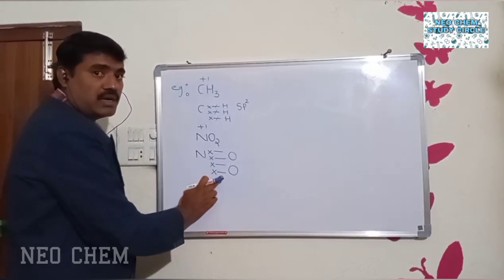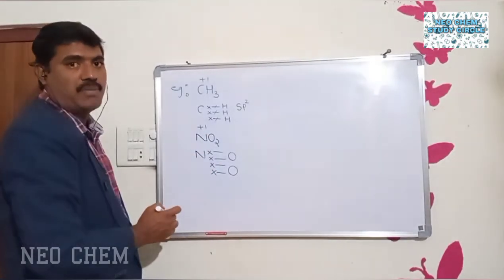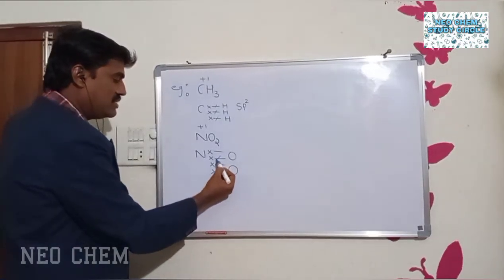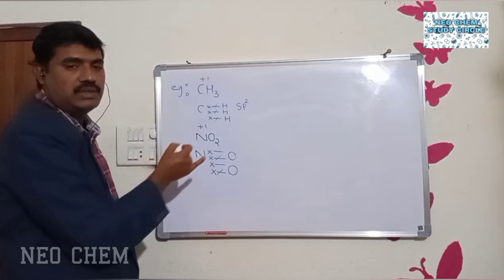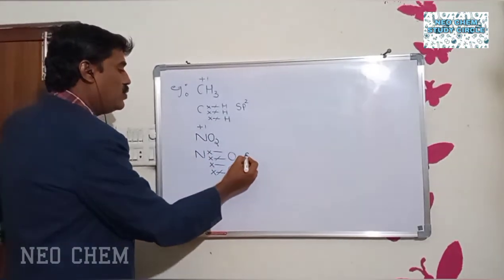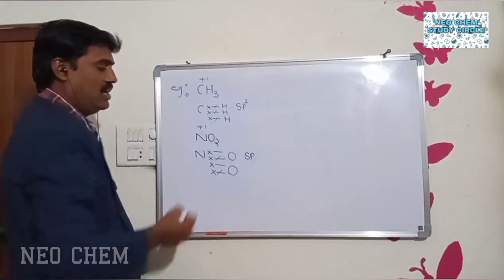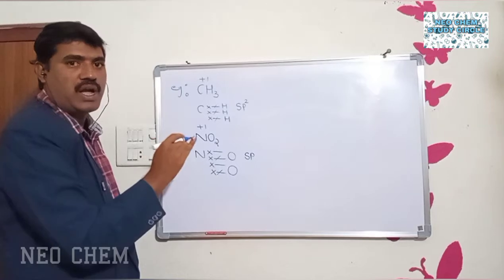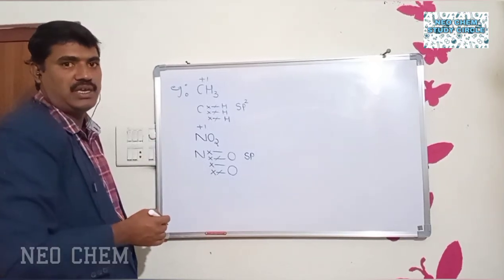In each double bond, only one bond is a sigma bond. So this is the first sigma bond, this is the second sigma bond. So totally 2 sigma bonds are there. That's why the hybridization containing 2 orbitals is sp. So the hybridization of nitronium ion is sp.